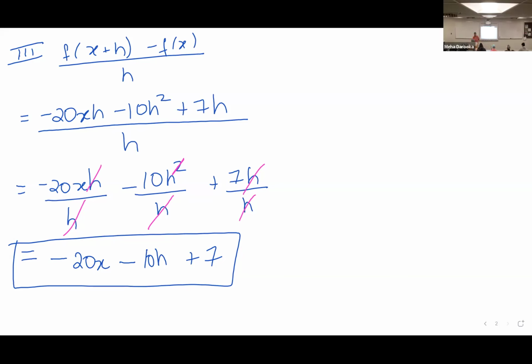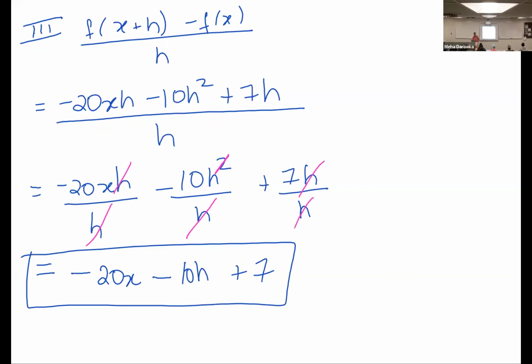Alrighty, guys, so let's plug this into our answer. So negative 20x minus 10h plus 7. And you guys can probably not see that right now, but I'll show you that in a minute.